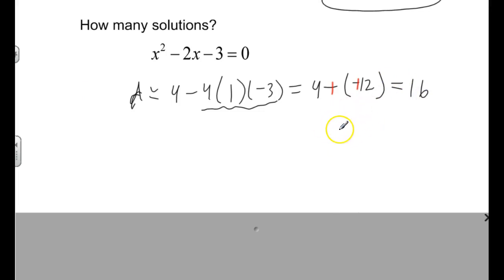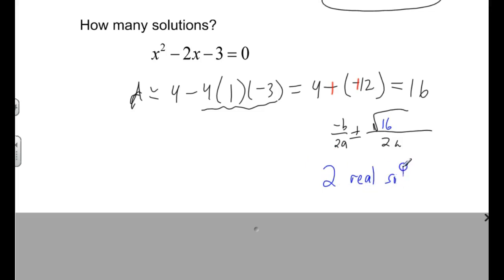So in the context of the quadratic formula, I don't care what these numbers are for this particular problem. What I care about is how many solutions I will have. If I'm taking the square root of 16 and adding it over some number, and you're dividing it, I'm going to get 2 different answers. And they're both real, because if I plug in numbers for a, b, and c, this will be a real number. So I will have 2 real solutions.